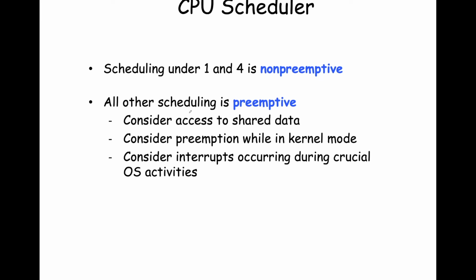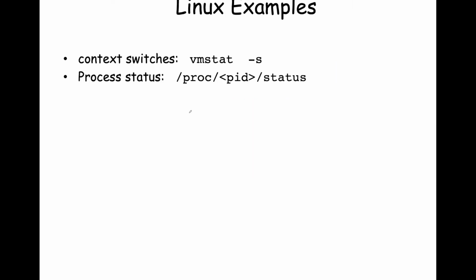So let's say you execute a system call and you trap, and now the mode bit is set to kernel mode, and the kernel's executing something on your behalf. What happens when you're preempted? Or also interrupts. Suppose you have an interrupt that's firing for some critical operation, perhaps for interacting with an I/O device or doing some OS activity. What do you do if the process is being preempted?